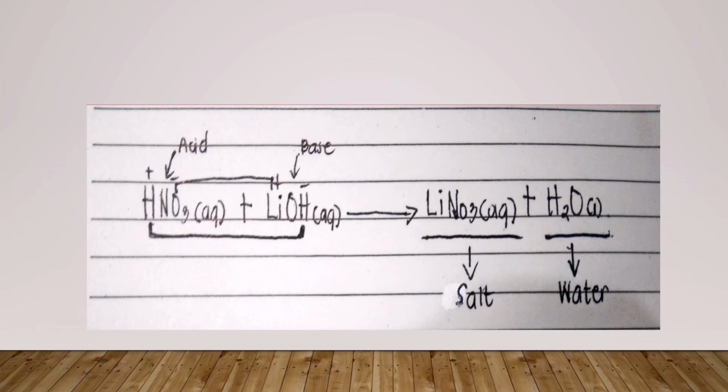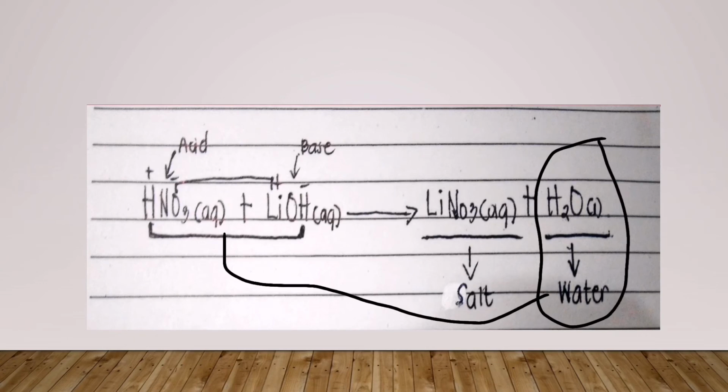So the positive ion from the acid will bond with the negative ion from the base to form our water here. This is our water. And the positive ion from the base will bond with the negative ion from the acid to produce salt. So this is our salt.